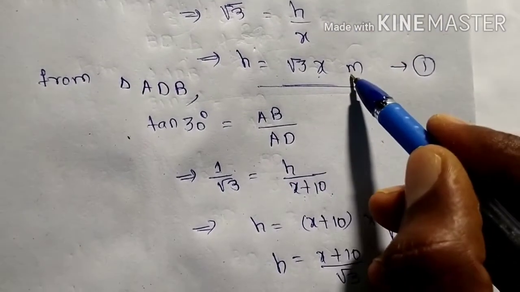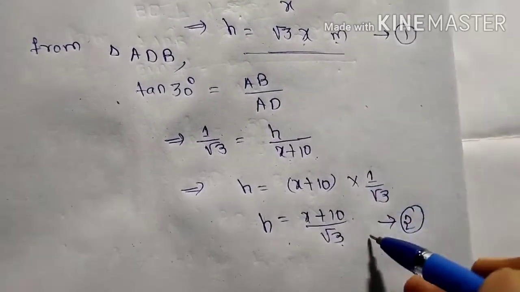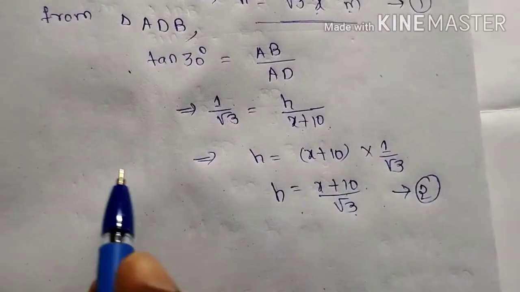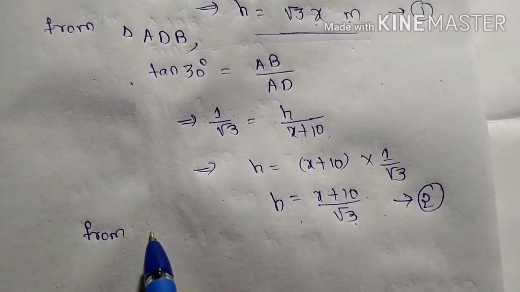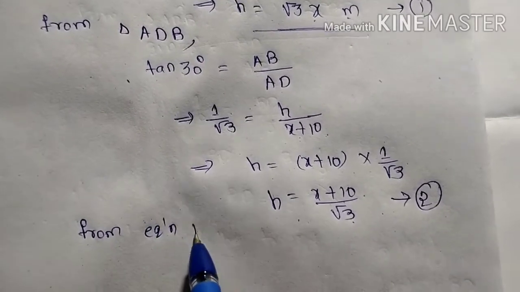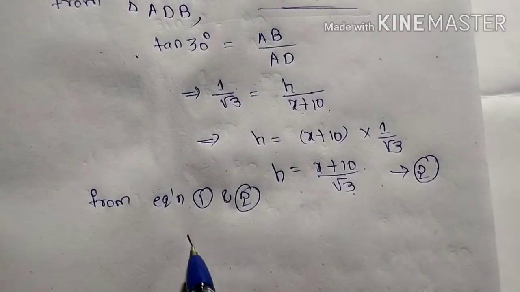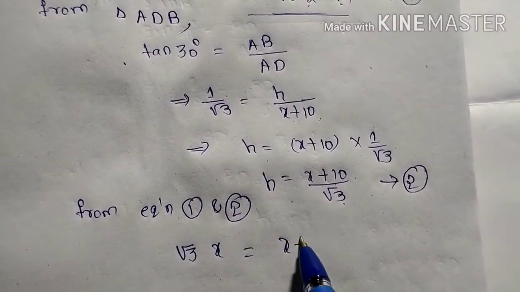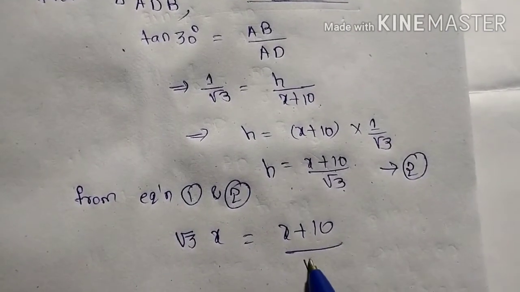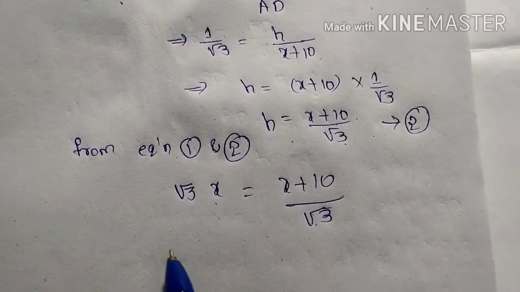See here, h is equal to root 3x. Here h is equal to x plus 10 by root 3. Both are the height of the tower only. So from equations 1 and 2, root 3 into x is equal to x plus 10 by root 3. You can transpose root 3 to LHS.